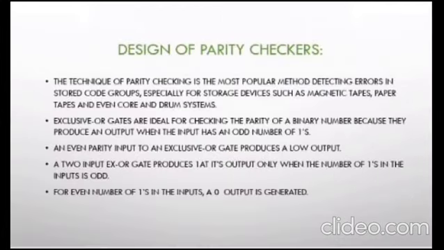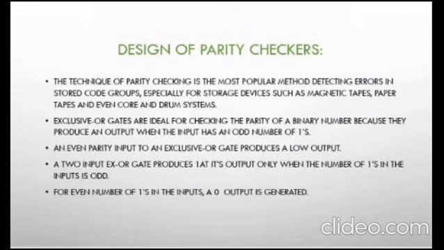Next, design of parity checkers. The technique of parity checking is the most popular method of detecting errors in stored code groups, especially for storage devices such as magnetic tapes, paper tapes, and even core and drum systems. XOR gates are ideal for checking the parity of a binary number because they produce an output when the input has an odd parity of ones.